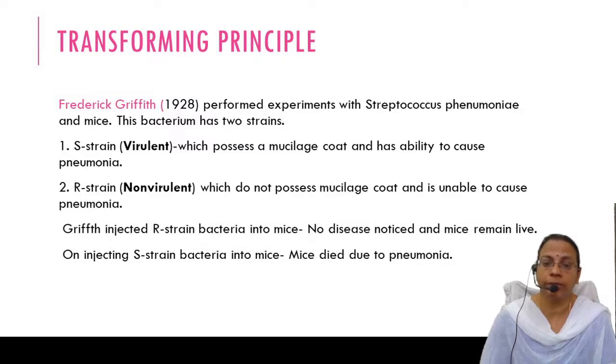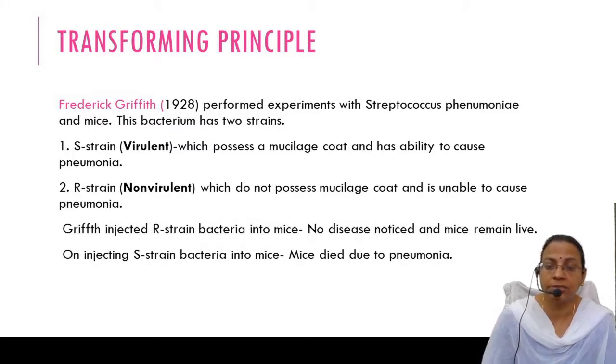But he noted that there are two strains in that particular bacteria. Based on the external appearance, he named them the S strain and the R strain. What the S signifies is that he observed a smooth outer coating for this bacteria.